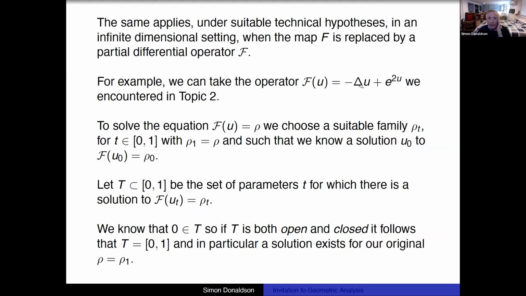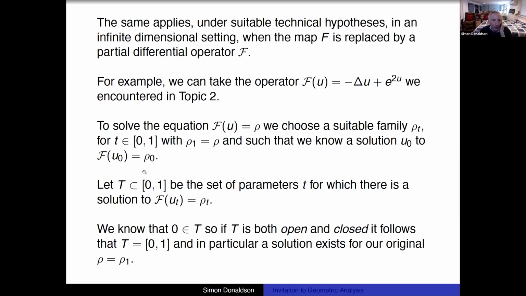So a problem we were trying to solve in topic 2 was script f of u is equal to rho for some given rho. Another approach to that problem would be to choose some one parameter family, rho t, for t in the interval, where rho 1 is the rho that you want to consider, but rho naught is something where you know there's a solution. Of course, that's easy to produce. You take an arbitrary u naught and just use this to define rho naught.